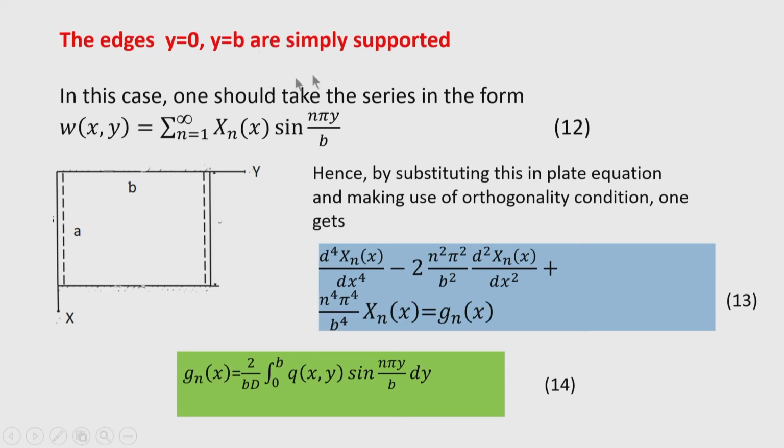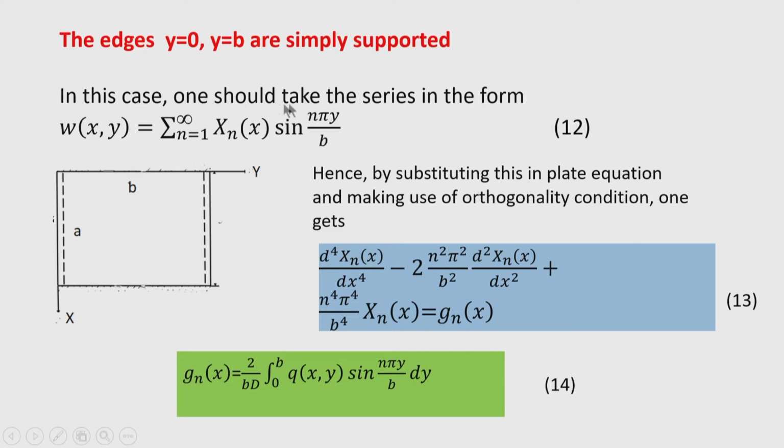So, if the y is equal to 0 edge and the y is equal to b edge are simply supported, then we can write the solution just by reversing the function. Earlier it was capital Ym(x), now here it is written as Xn as a function of x and sin(n pi y by b).